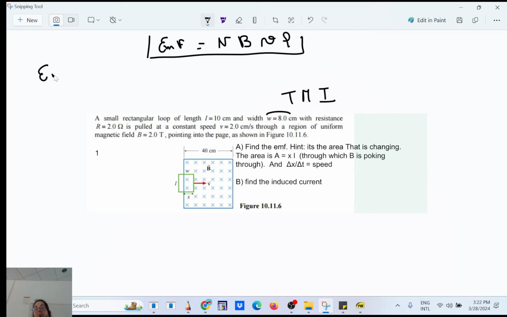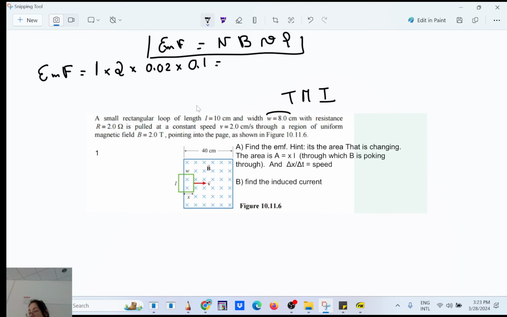So EMF, number of loops is 1, times the magnetic field is 2, times the speed is 2 centimeter per second. So that will be 0.02 times the length is 0.1.